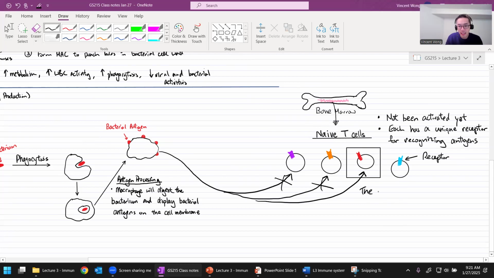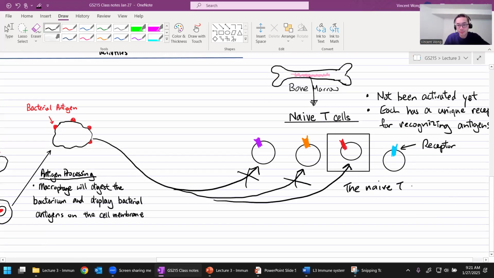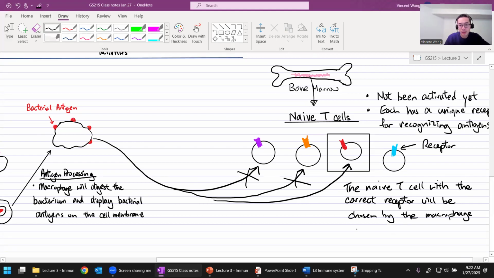So the naive T cell, let me zoom in a little bit, the naive T cell with the correct receptor will be chosen by the macrophage and it will undergo clonal expansion. Okay, I'll tell you what that is in a second.